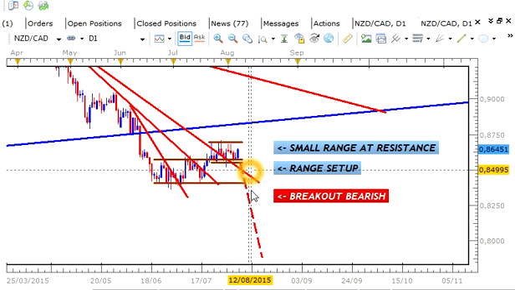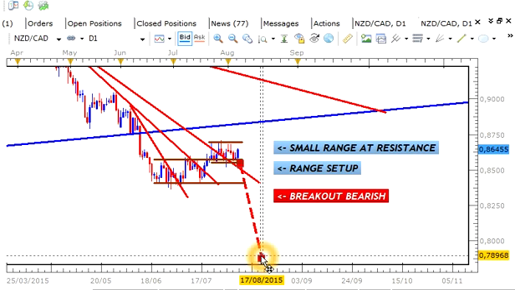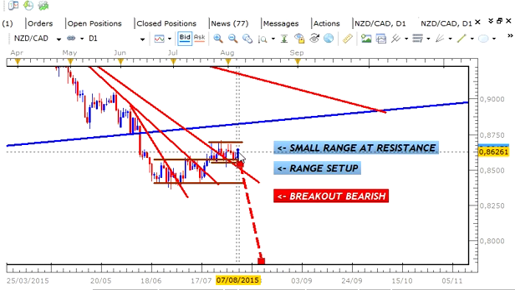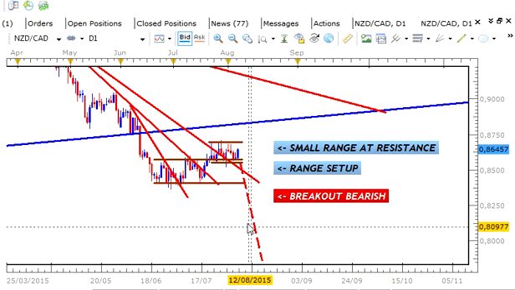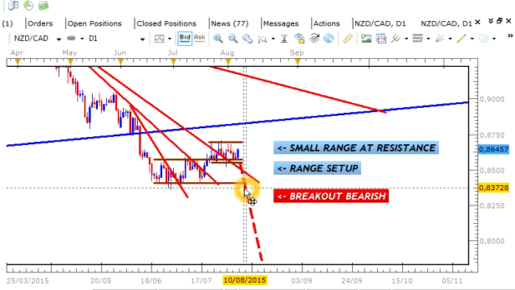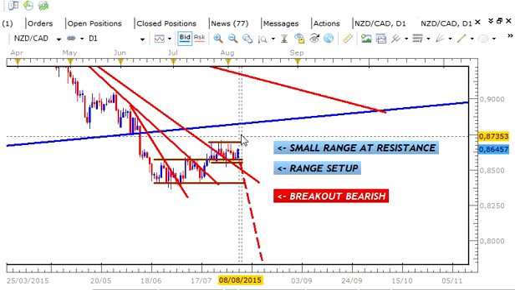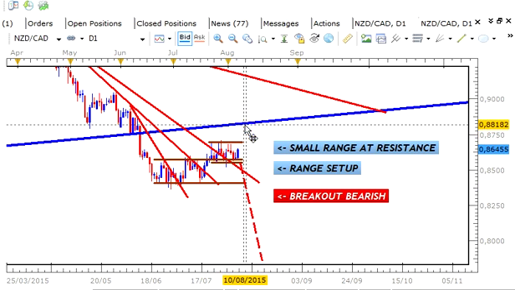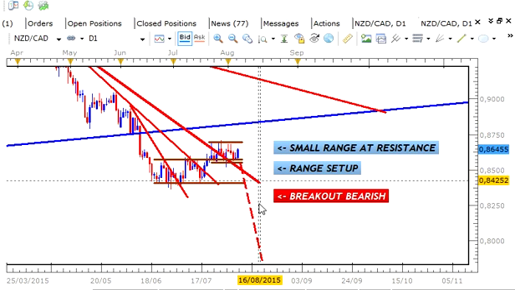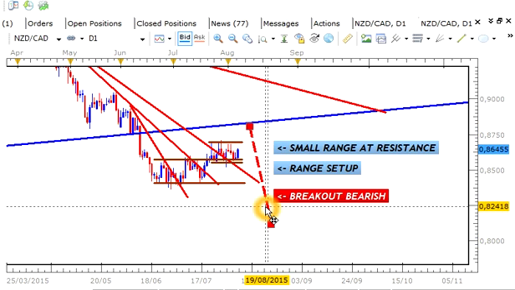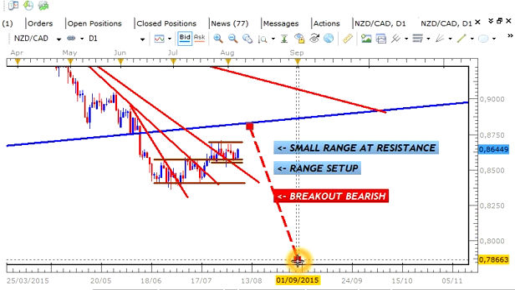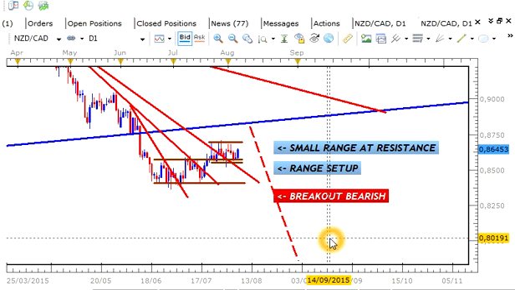So what we could have here is that if we're going to be seeing a continuation of this breakout bearish, the market could actually break out from this smaller range setup and then continue to then break below this area here. We could also have the market rally temporarily above this area here to actually hit this trend line before U-turning. So that is a second possibility that we could see ahead of this continued movement bearish.